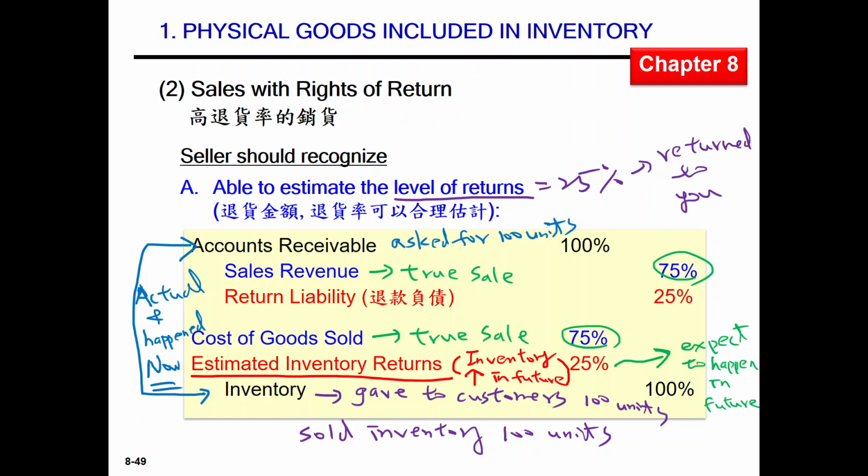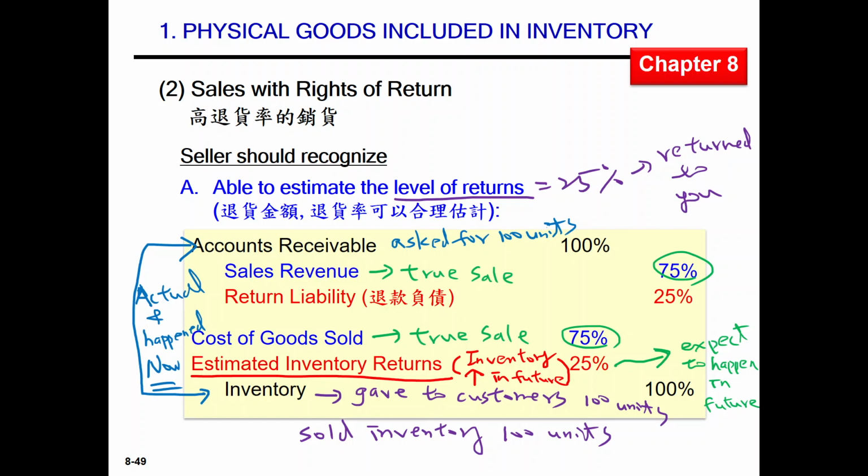If the customer returns 25% of the inventory, you cannot ask them to pay the 100 units' money back to you. So that's why we will have a return liability.